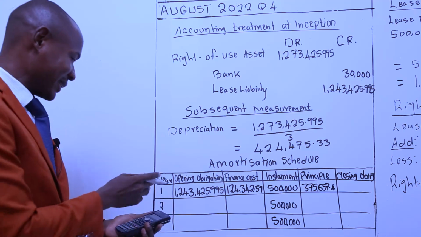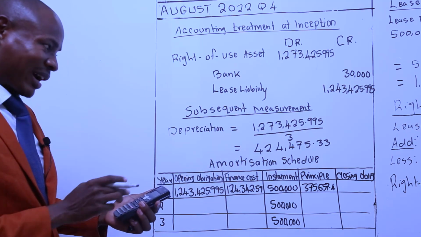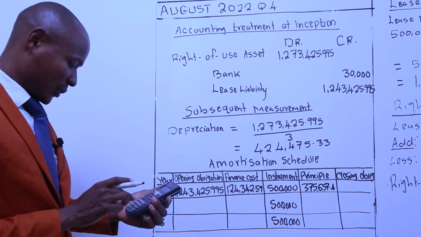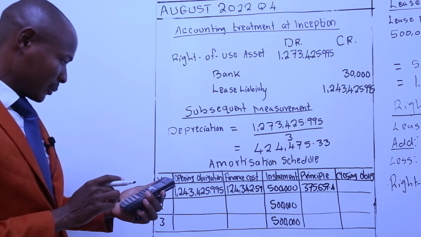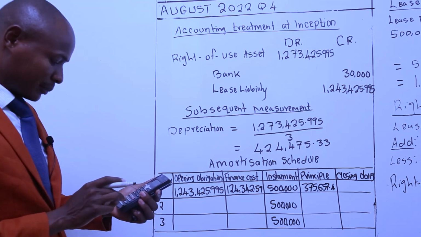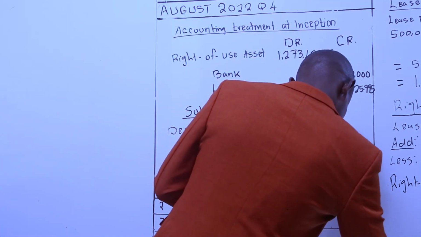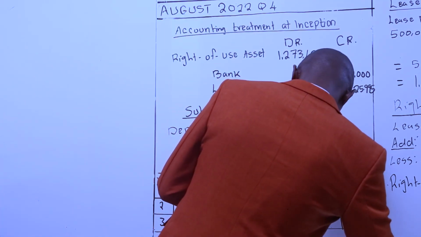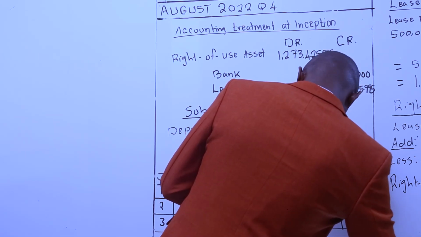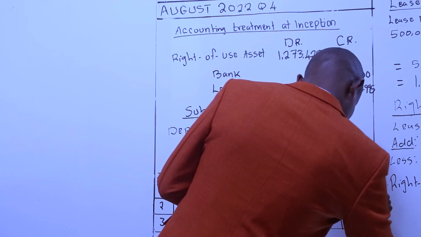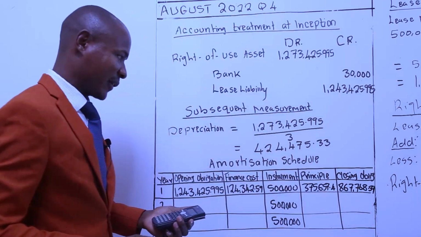The closing balance is the opening balance minus the principal, that is 1,243,425.995 minus the answer, 867,768.59.